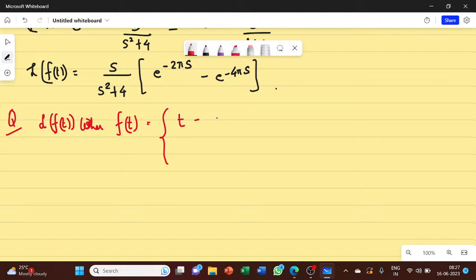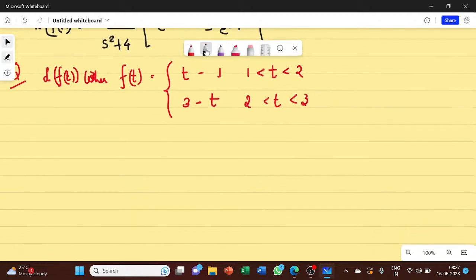It is t − 1 for all t lying between 1 and 2, and if t lies between 2 and 3, then it is equal to 3 − t. So what will be the Laplace transform for this particular function?